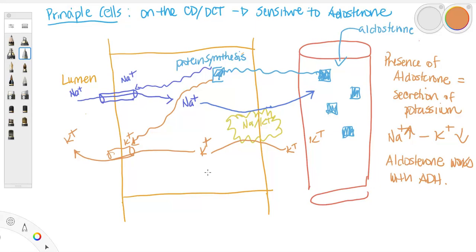The water leaves, goes into the interstitial space, and is also sopped up by the blood vessels, the peritubular capillaries around it. As it makes the hairpin turn, the osmolarity is at its most, it's 1200, and it starts to come up. And at that point, we're pumping out solutes into the interstitial space, which are also going into the peritubular capillaries as well. So now the osmolarity is going down because we're getting rid of solutes.